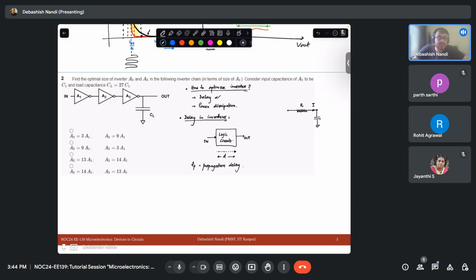You have read, right? In capacitances, current and voltage have a phase shift of 90 degrees. So again, you need to have some RC elements in the circuit.